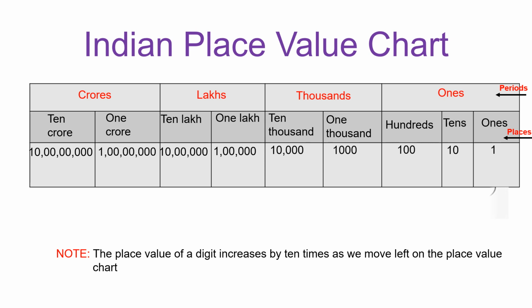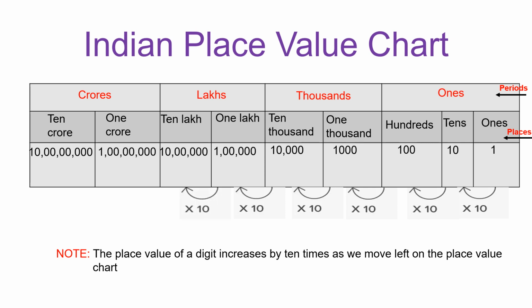Let us see. 1 multiplied by 10, 10. 10 multiplied by 10, 100. 100 multiplied by 10, 1000. 1000 multiplied by 10, 10,000. 10,000 multiplied by 10, 1 lakh. 1 lakh multiplied by 10, 10 lakh. 10 lakh multiplied by 10, 1 crore. 1 crore multiplied by 10, 10 crore.